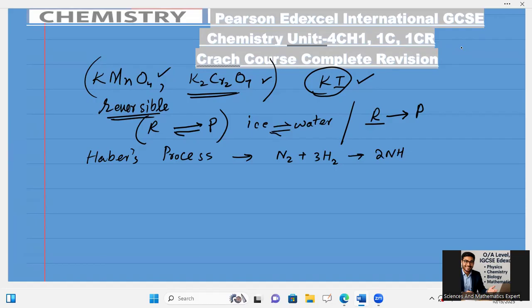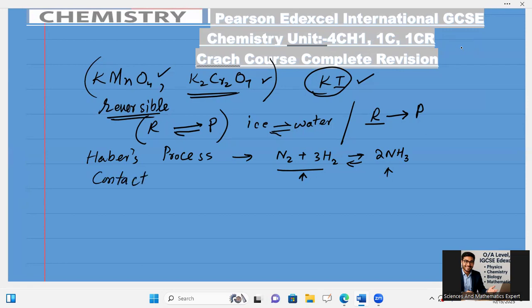This is a reversible process, and you will have to increase the pressure, because the number of moles in reactants is higher and in products is lower. If you increase the pressure, then more product can be formed, and the reaction will go in the forward direction.